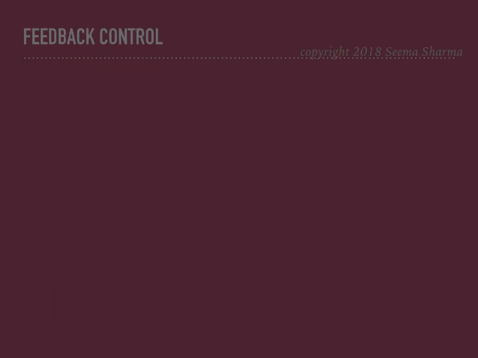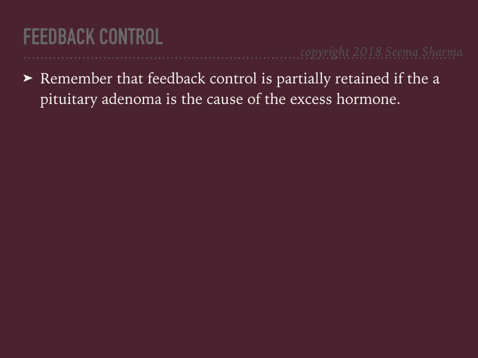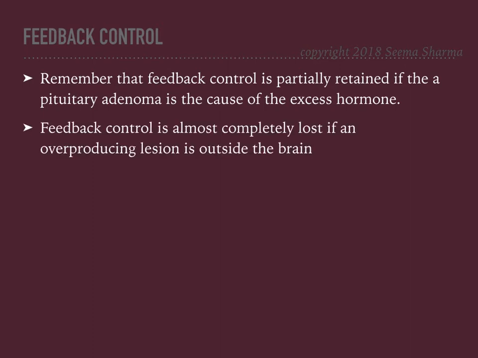Now, some applications of our knowledge of the feedback loop tell us that if the excess cortisol is indeed caused by a pituitary adenoma, feedback control will be partially retained. However, if the excess cortisol is because of a lesion outside the pituitary, feedback control is almost completely lost.